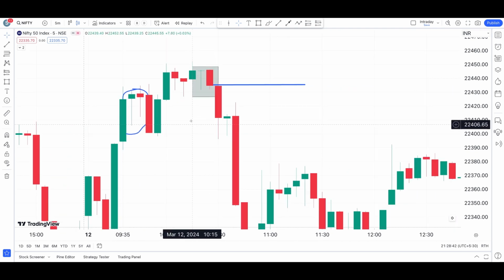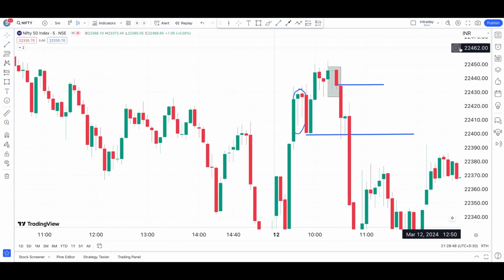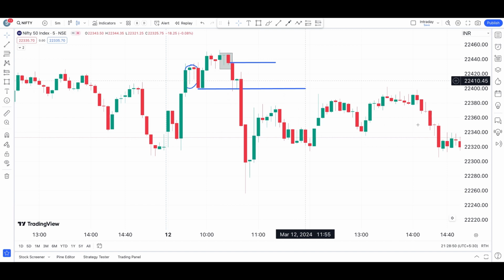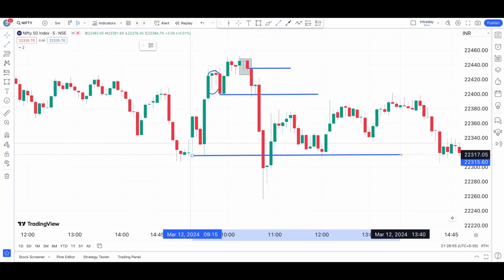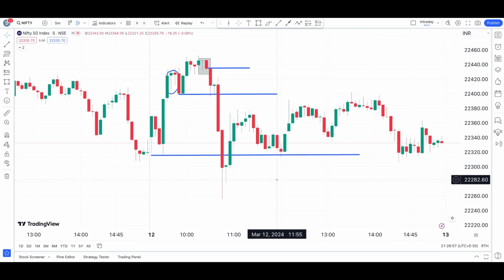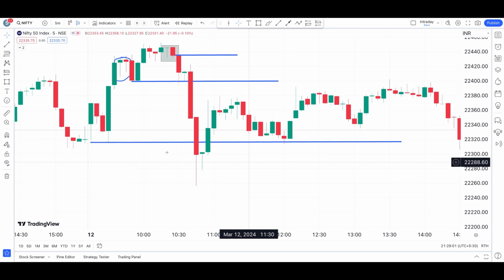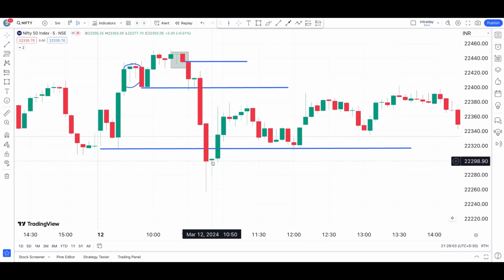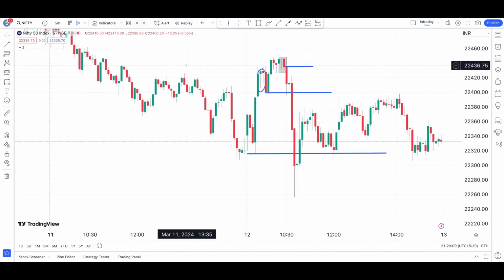From there, one might have kept this as a target for those who want to trade very safely, but risk takers could have gone all the way till here, because that's your next target zone. And exactly here, after the breakout from that region, the 1050 candle is also a proper hammer candle, and from there it slowly started rising, but then really couldn't go further, because again, for the same reason.